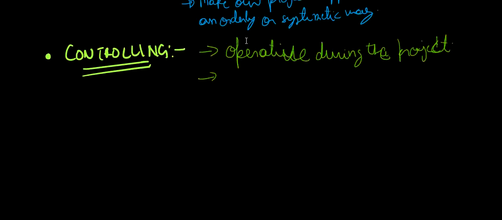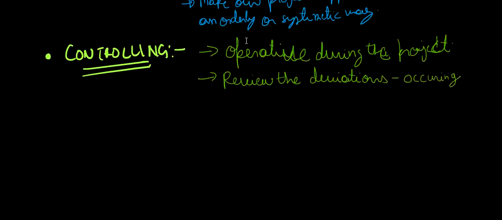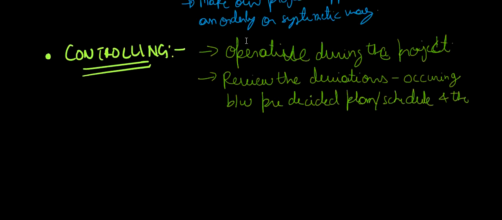In this phase what we do is we review the deviations that are occurring between our pre-decided plan or schedule and the actual project operations.